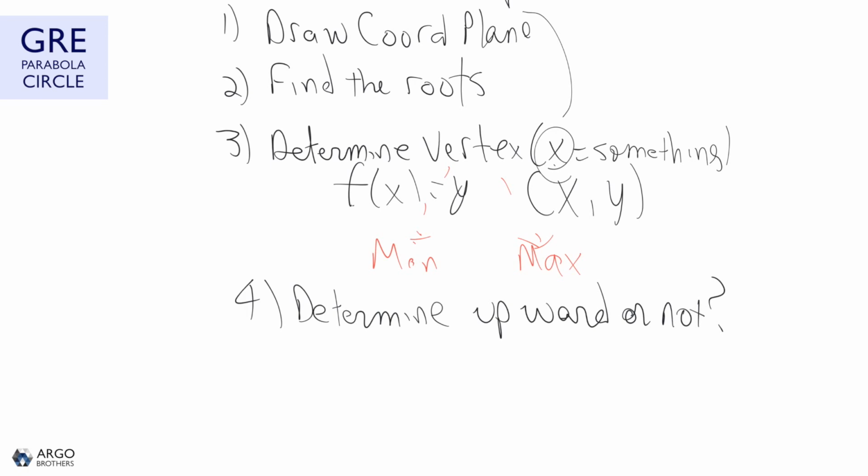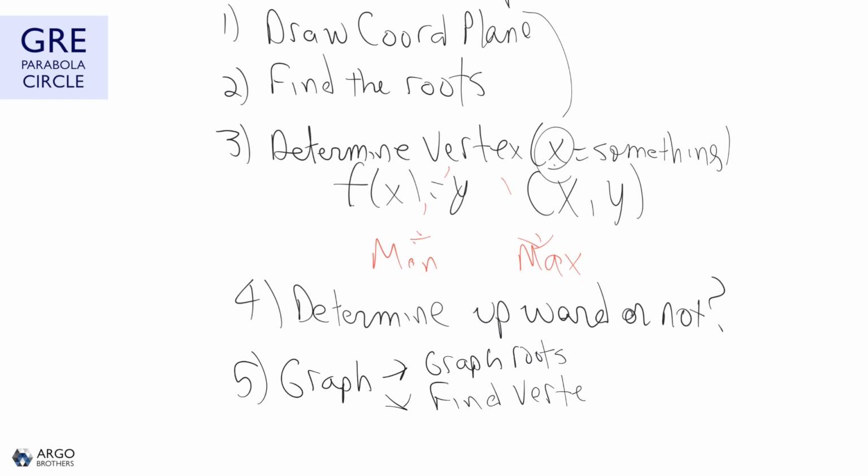To graph, you would graph the roots first, which are just those x values that make y equal to 0. Then we're going to graph the vertex, and then we're going to draw a sketch depending on upward or downward, and that's pretty much it, and then refine it if we need to.